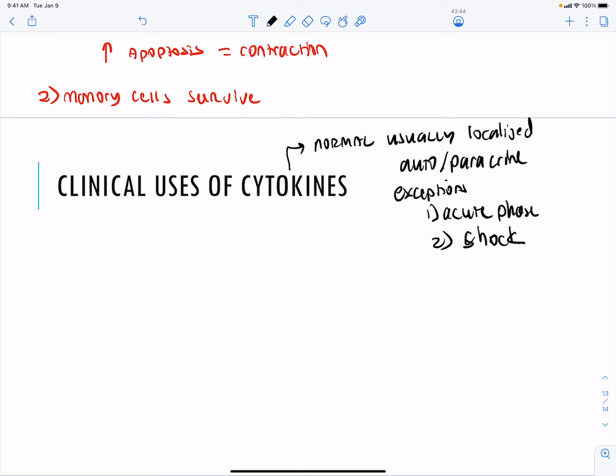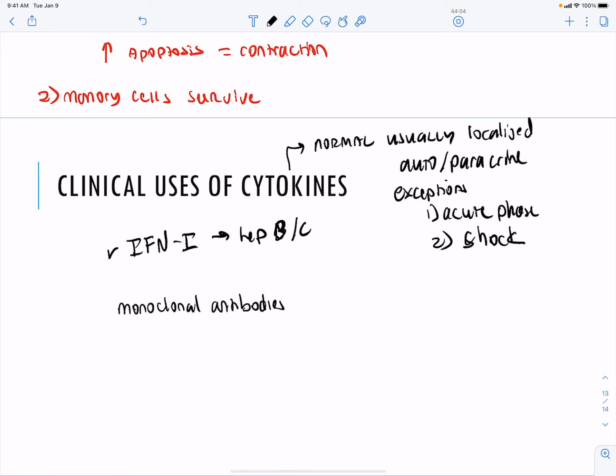So some clinical uses are recombinant IFN-1 treatment, and this is for Hep B or C. And also we use monoclonal antibodies to block cytokines.